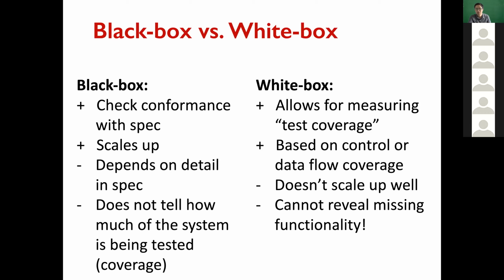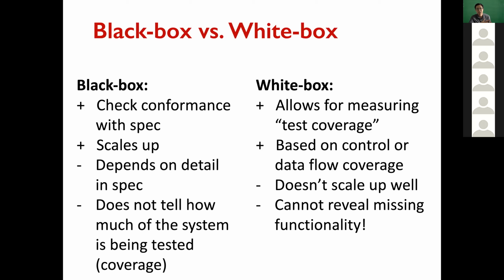White box testing allows for the measuring of test coverage. It is also based on control and data flow coverage. So we can evaluate how much of the system has been tested, how many of the paths or lines are tested.